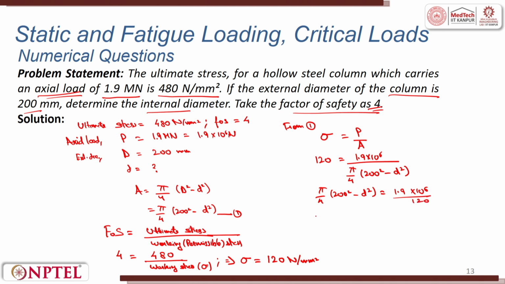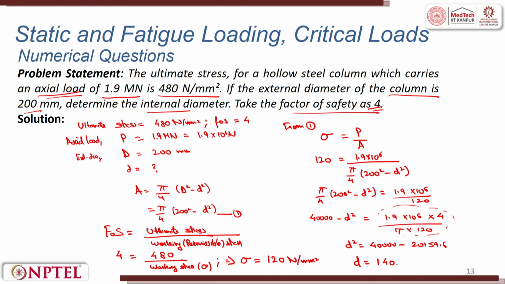So, which means 200 square I will put as 40,000 minus d square is equal to 1.9 into 10 raised to power 6, 4 goes up, pi comes down, 120, which means my d square is equal to 40,000 minus the above value, and this value turns out to be 20159.6, which means the value of d, the internal diameter of the column, calculated is 140.85.